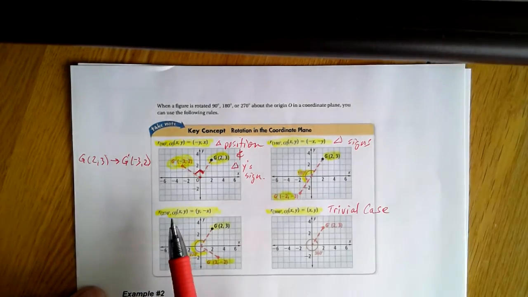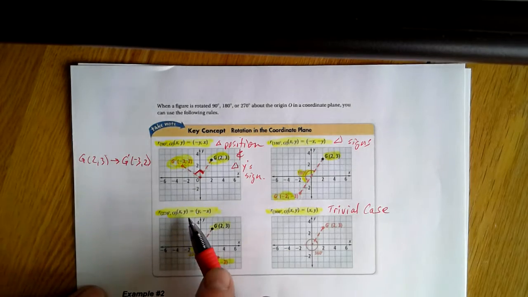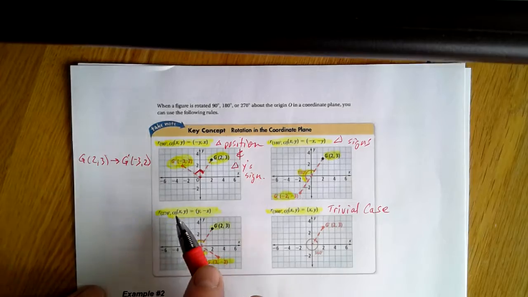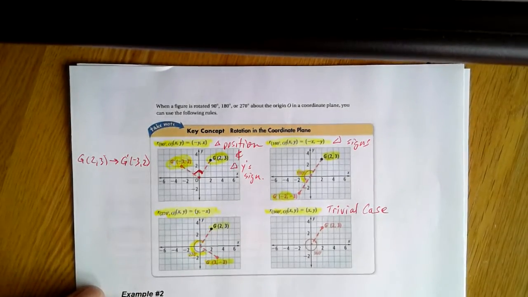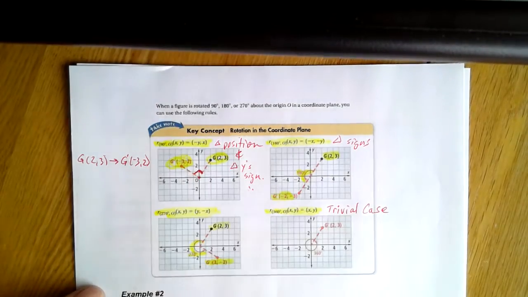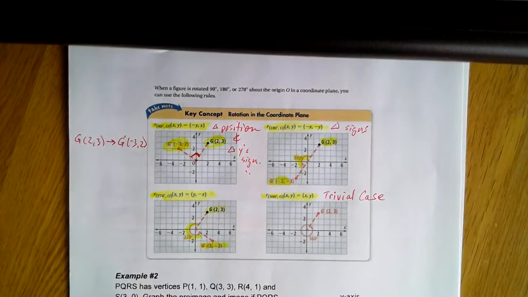Well, what did we do? We took X, Y, and guess what? We changed position again. Y went from where it should be to the X spot. The X went from where it should be to the Y spot. And we changed the X's sign. So basically, it's this rule up here just for Y. Y changes, or for X, X changes. Okay. All right.